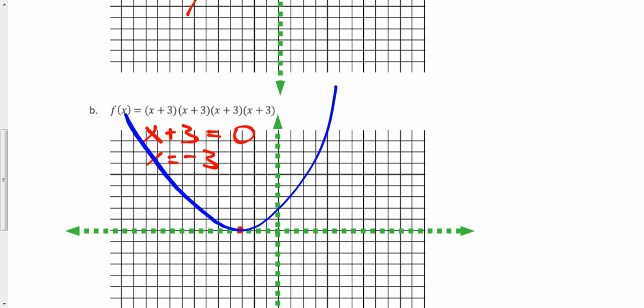Here's the problem set. I will also hand out an exit ticket tomorrow. But if you want to see what the problem set looks like, it's number 2.